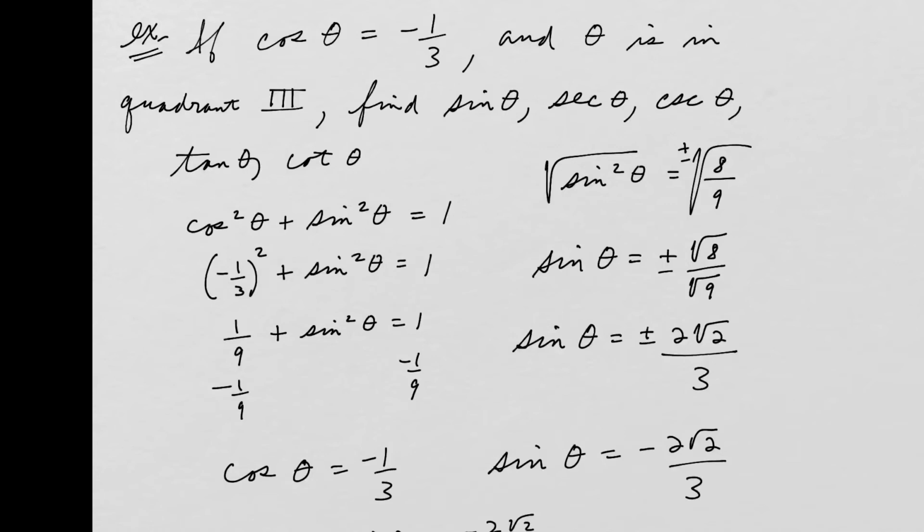There's a few, I probably won't use these 2 identities too much, but let me just mention there's a few other identities that basically come from the Pythagorean identity. So let me just mention those. So I'll just say more trigonometric identities.